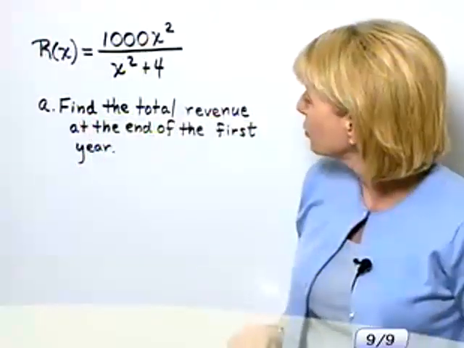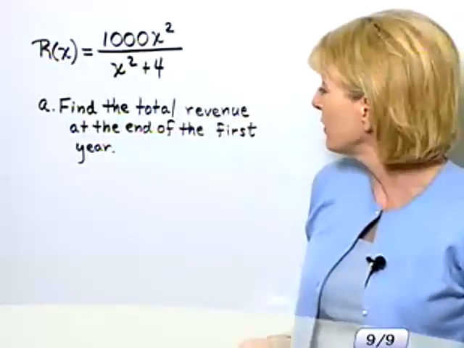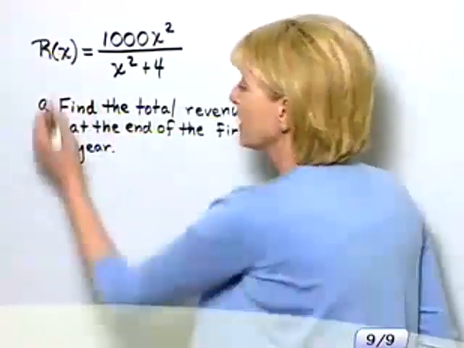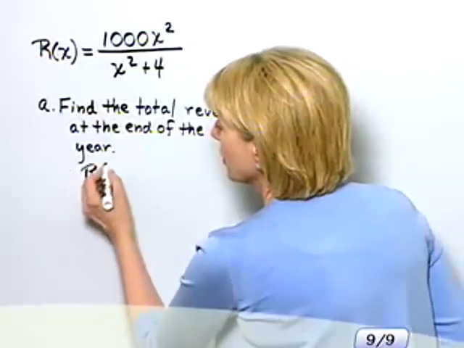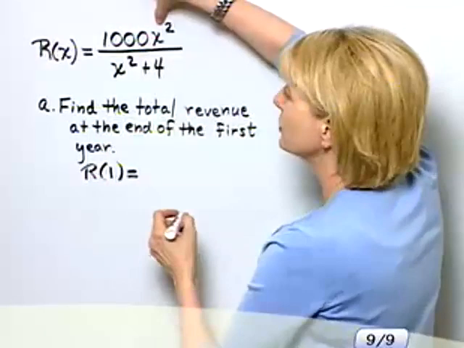How do we find the total revenue then at the end of the first year? To find the total revenue at the end of the first year, we find R of 1. So what is R of 1? Everywhere there's an x, we put 1.